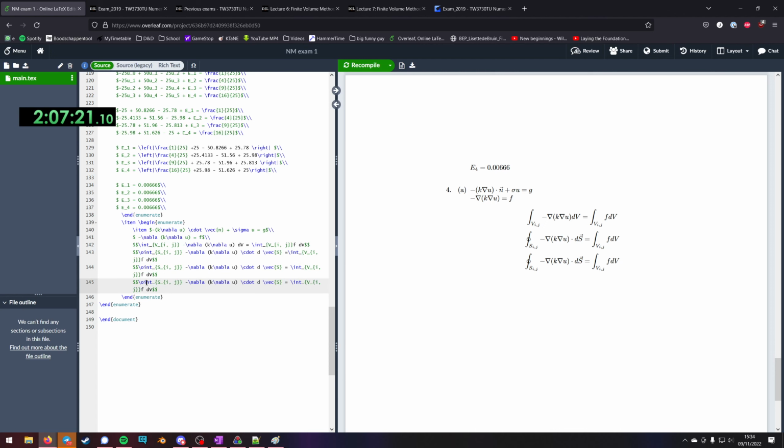So it's the integral over S northwest ij, and this time it's over. If I'm doing divergence, there should be another nabla, shouldn't there?